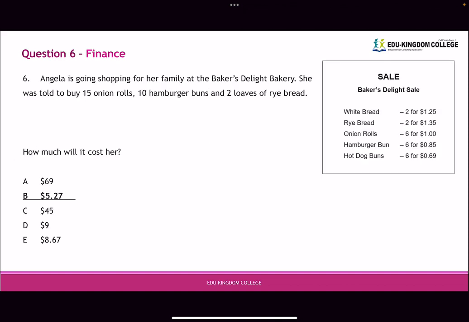Angela's going shopping for her family at Baker's Delight. She was told to buy 15 onion rolls. So you can buy 12 for $2, and then another 3 for 50 cents.